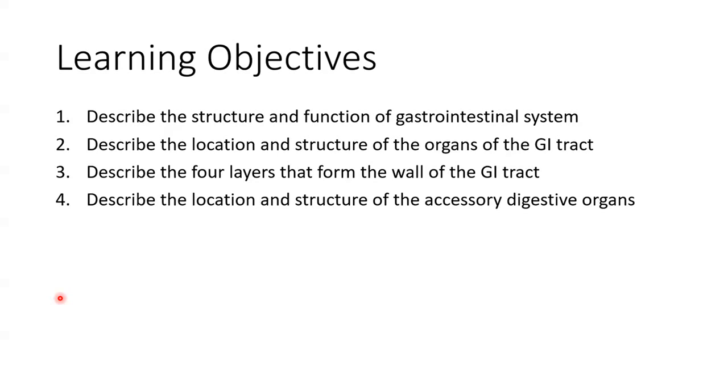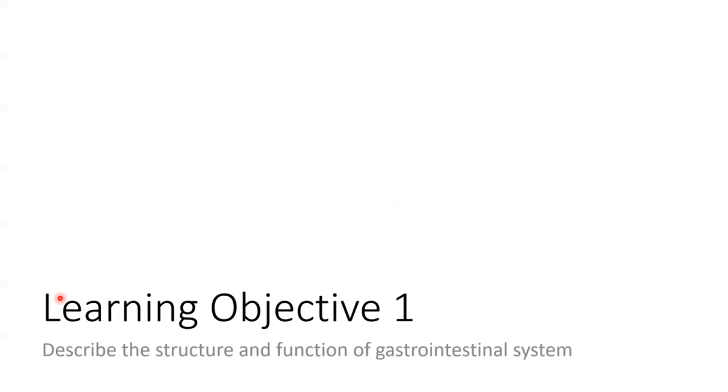To describe the 4 layers that make up the walls of this gastrointestinal tract. And then to describe the location and the structure of our accessory digestive organs. So getting started with learning objective number 1, to describe the structure and function of the gastrointestinal system.